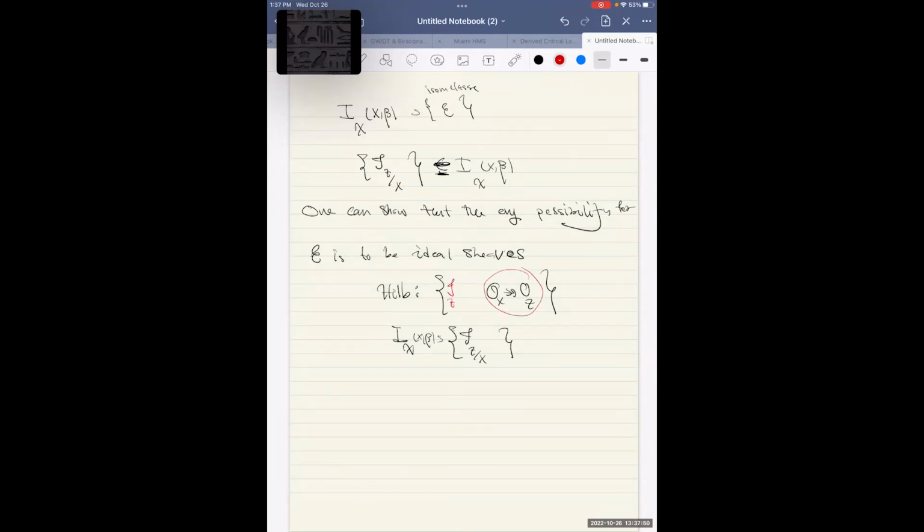Of course, I_Z,X sits inside as the kernel, but the Hilbert scheme essentially has a different structure than just sheaves, you see? So I can just study a priori rank 1 sheaves. I don't need them to be necessarily the kernel of something, okay?